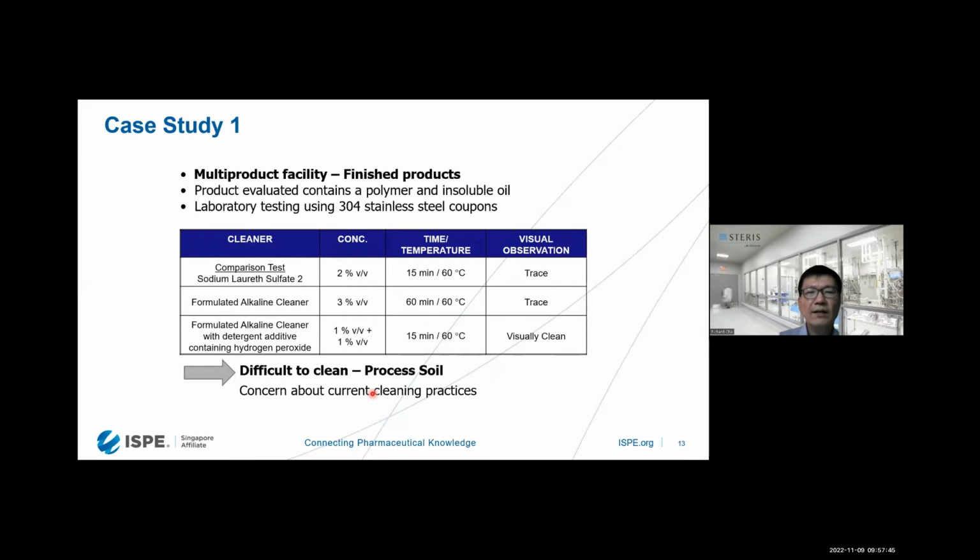From here, you can see that for the most difficult to clean soil, it's very important to use the appropriate cleaners and boosters, if necessary, to remove the residues effectively and in a short time. So this is basically the benefit of having lab-scale studies to work out the cleaning parameters for the most challenging soils that any facility has.